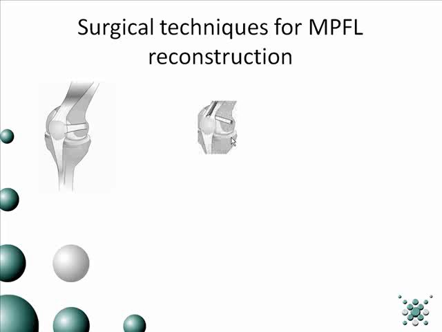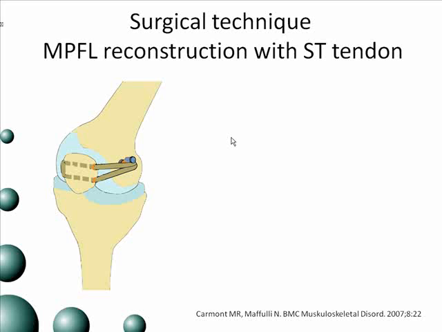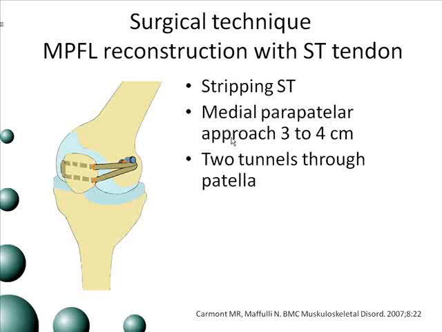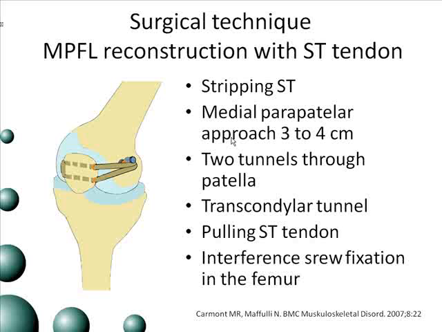Many surgical techniques have been written for reconstruction of the medial patellofemoral ligament with quadriceps tendon and with hamstring tendons. This is the technique we used: stripping semitendinosus, one single parapatellar approach, 2 tunnels through the patella, transcondylar tunnel, pulling the semitendinosus tendon, and interference screw fixation in the femur at 40 degrees of flexion.